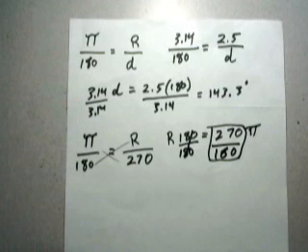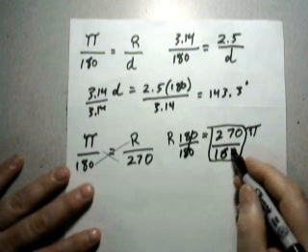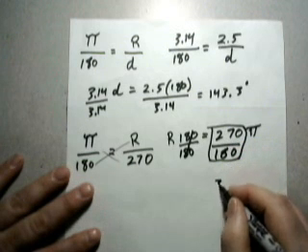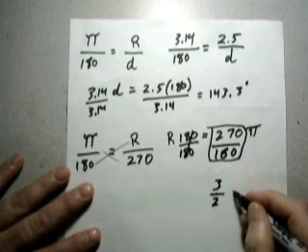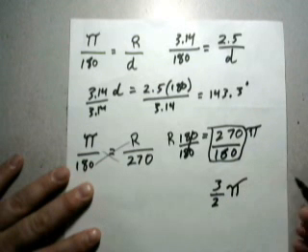Now what I want to do is simplify this fraction right here. And I can knock off the 0 from each, so it would be 27 over 18, but let's make sure that's in its simplest form. It is not. So the simplest form that this fraction can be put into is 3 over 2, and then I'm just going to tack on the pi.